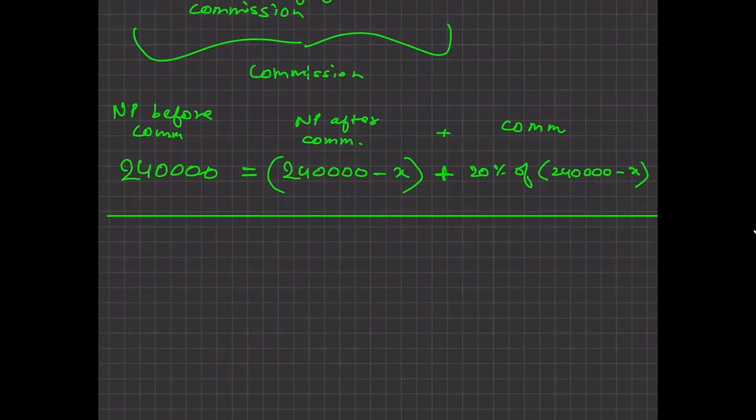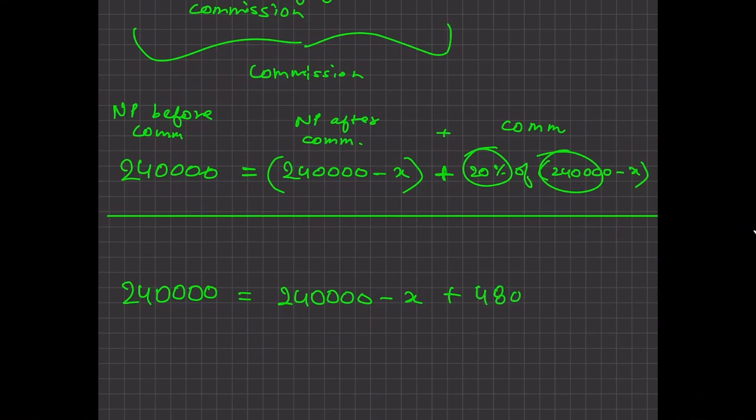Now let's open the bracket. It would be 2,40,000 minus X plus 20%. 20% of 2,40,000 is 48,000. And 20% of X is 0.2X.